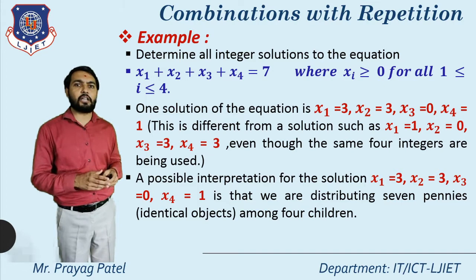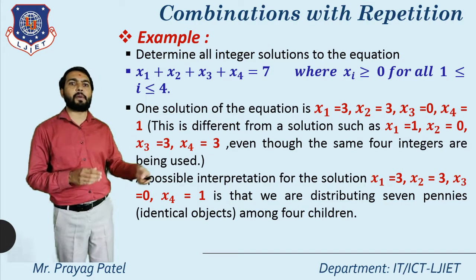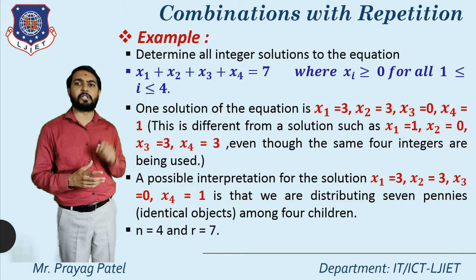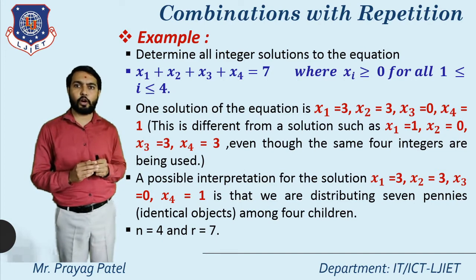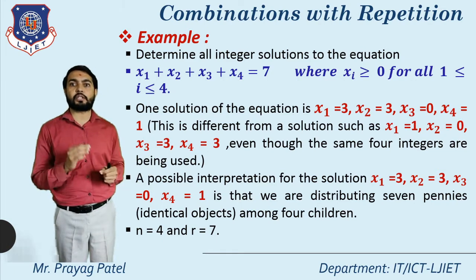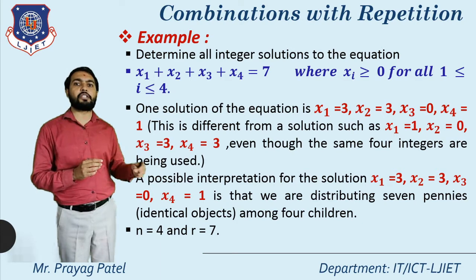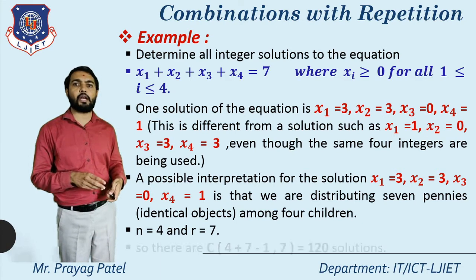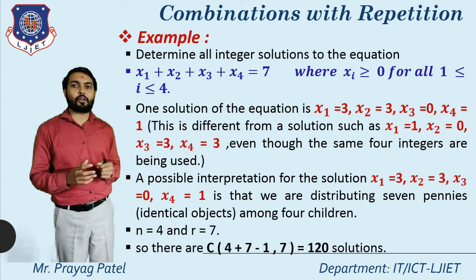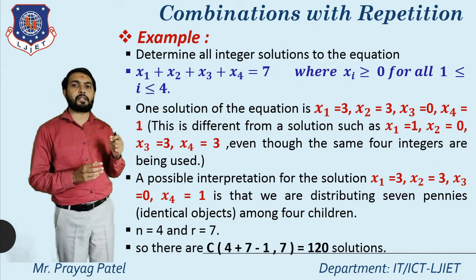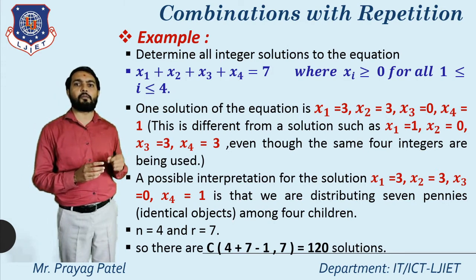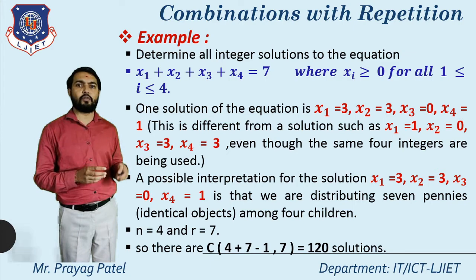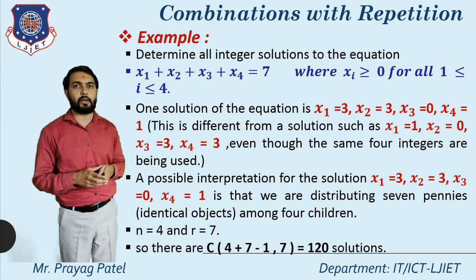So among 4 children we have to distribute 7 pencils or any such objects. So n equal to 4 and r equal to 7. The final calculation is C of n plus r minus 1, r, that means C of 4 plus 7 minus 1, 7, which is equal to 120 solutions for this problem.